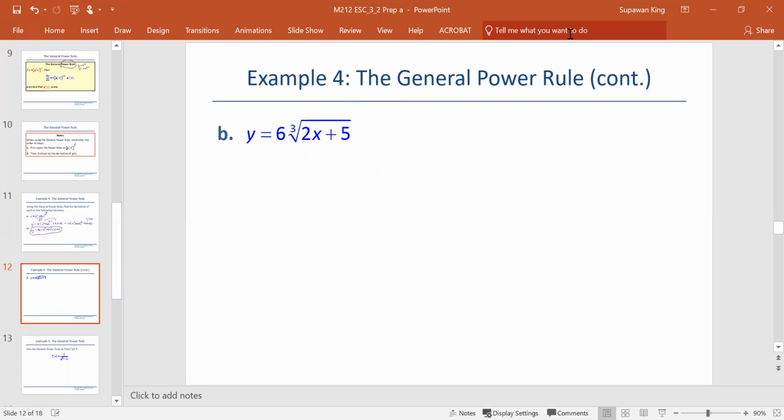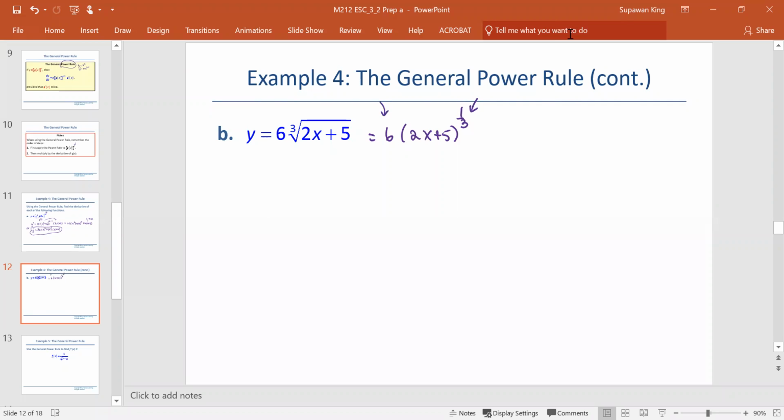Next example, we have y equals 6 multiplied by the cube root of 2x plus 5. We write this with the power 1/3, so we get 6 multiplied by (2x plus 5) raised to the power 1/3. Applying the general power rule, the power is 1/3.